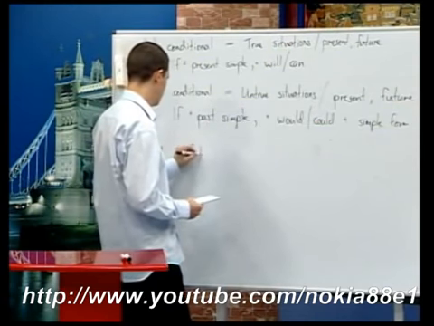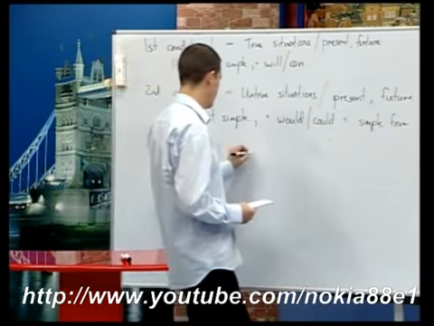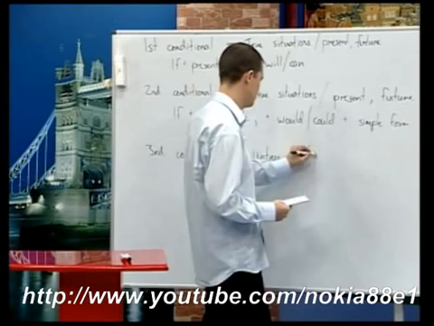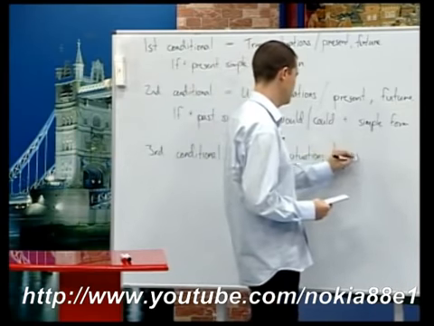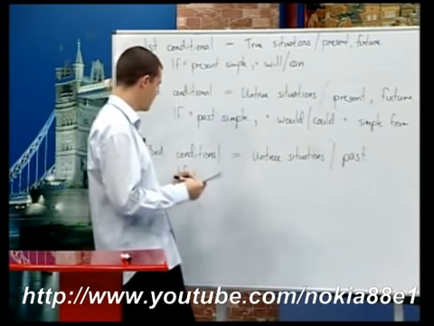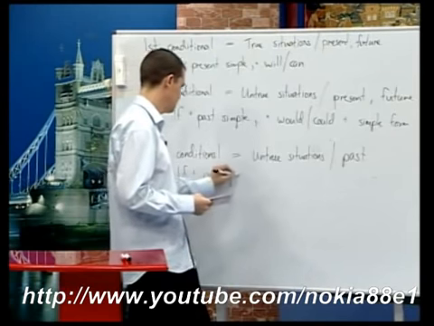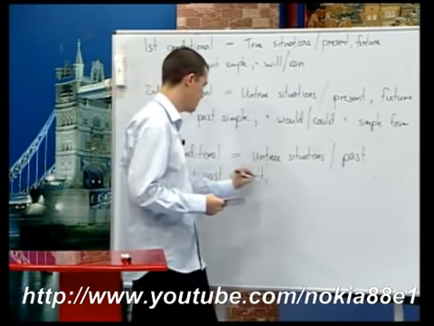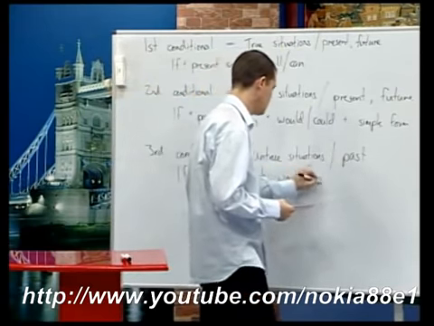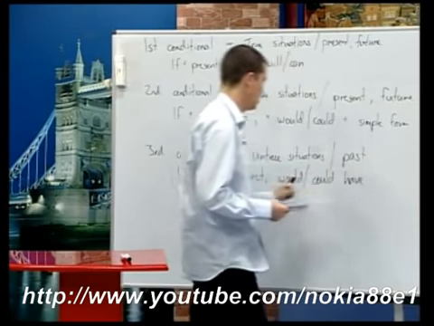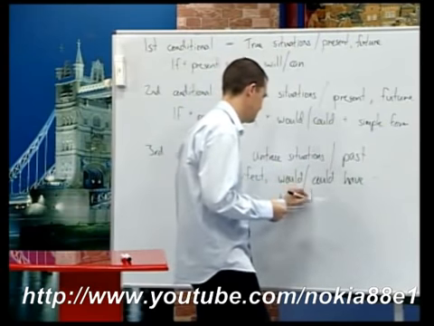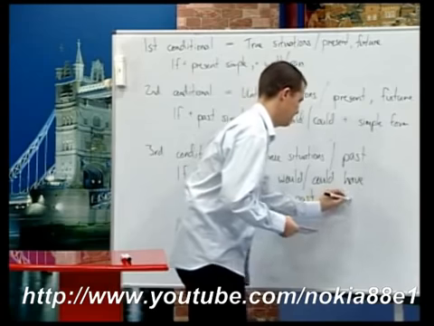Third conditional, this means untrue situations in the past, and we use it to make it, we say if plus the past perfect in the if clause, and then in the main clause we have would or could have plus the past participle.